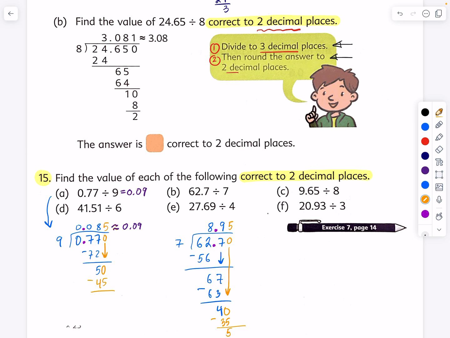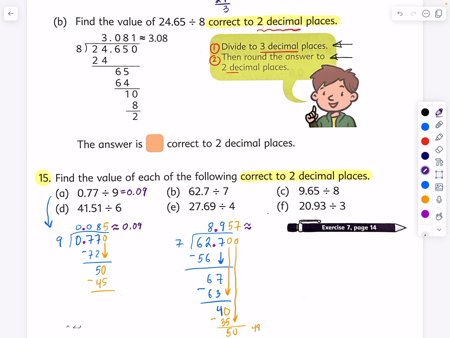And 5 is the remainder. Another trailing zero is going to come down. 7 goes into 50 7 times, of course. 7 times 7 is 49. And we are done with long division. We're done for now, because now is the time to round.